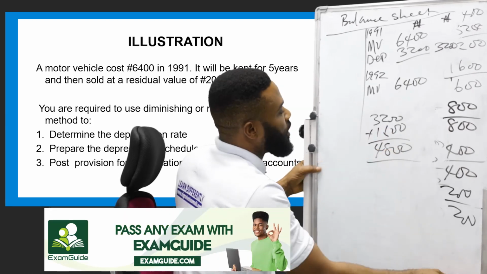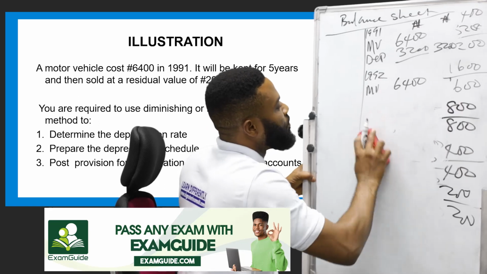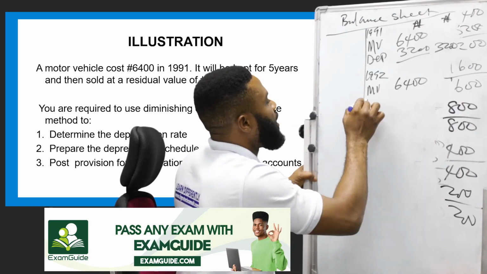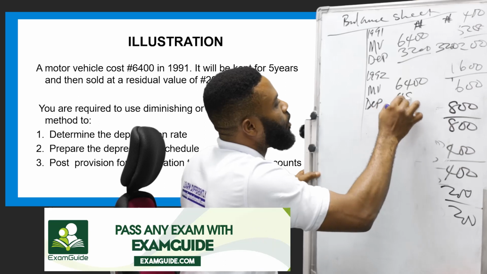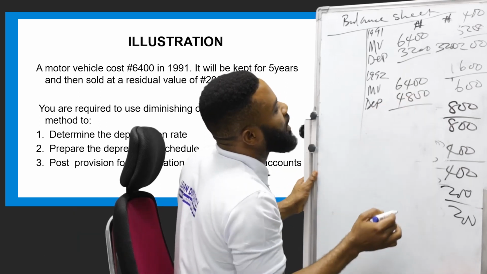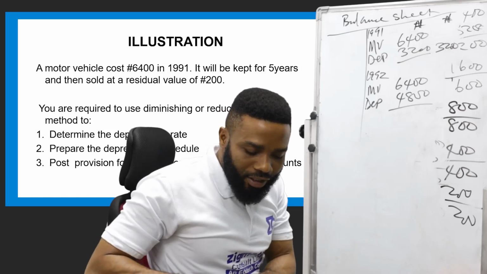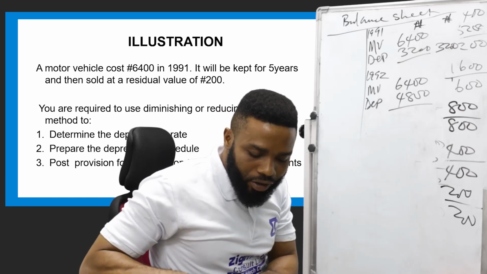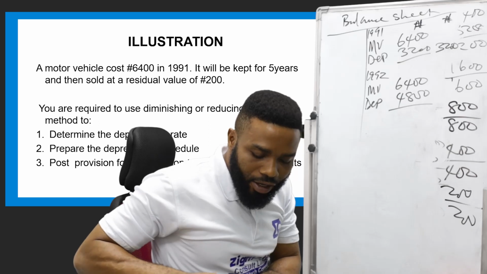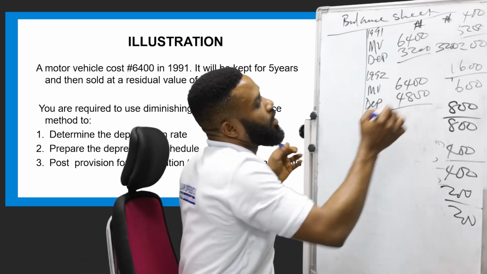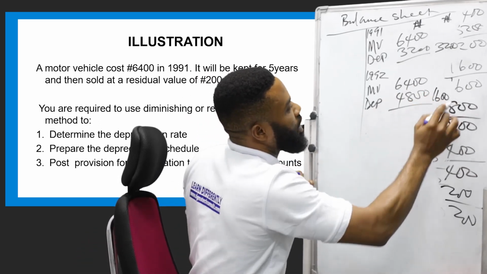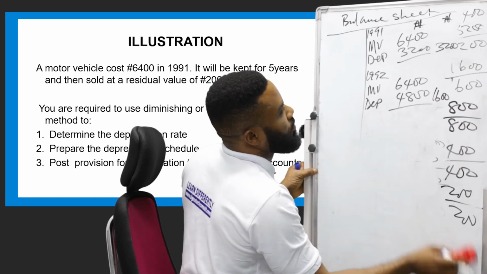So your depreciation is going to be 4,800 at this point. 6,400 minus 4,800 will give you 1,600.